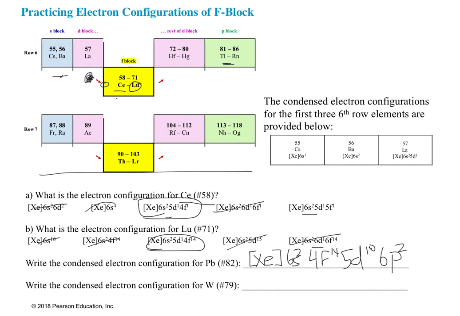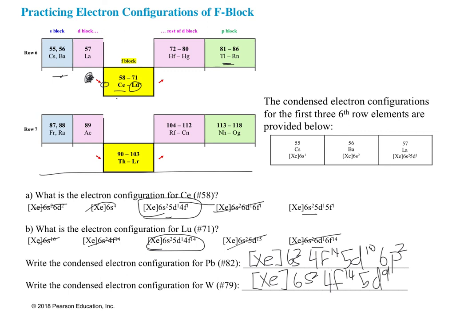Gold, number 79, that one's going to be a little different because first of all, we're going to get xenon still. It'll have 6s2. Then, so it's 9 over, so we'll get, since we go through all of the F block, we'll write those first, 4f14, and then we'll have 5d9.